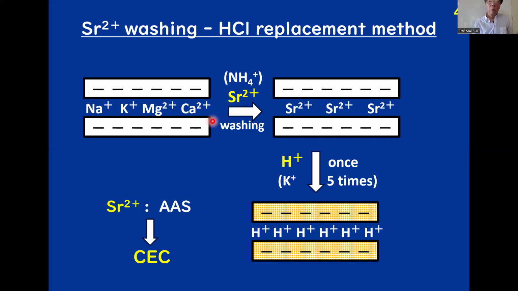Now I want to ask you about the selectivity or strength of absorption of cations to negative charge. So there are 1, 2, 3, 4, 5, 6 cations. Do you know the order of the selectivity or absorption strength of these cations to negative charges?